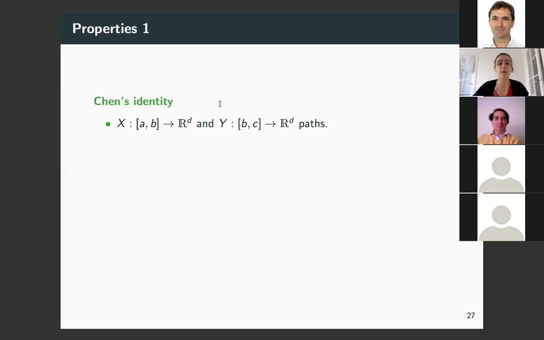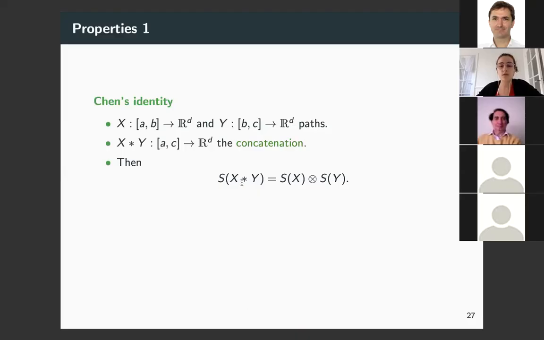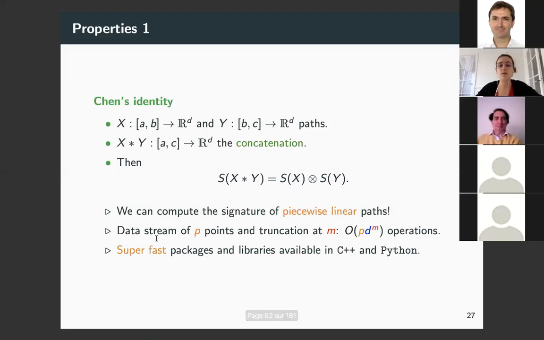If I have 2 paths, x and y, and I denote by x star y the concatenation, then the signature of a concatenation is just the tensor product of the 2 signatures. This is really powerful in practice, because it means we can have really fast packages that compute signatures of piecewise linear paths. Several already exist.